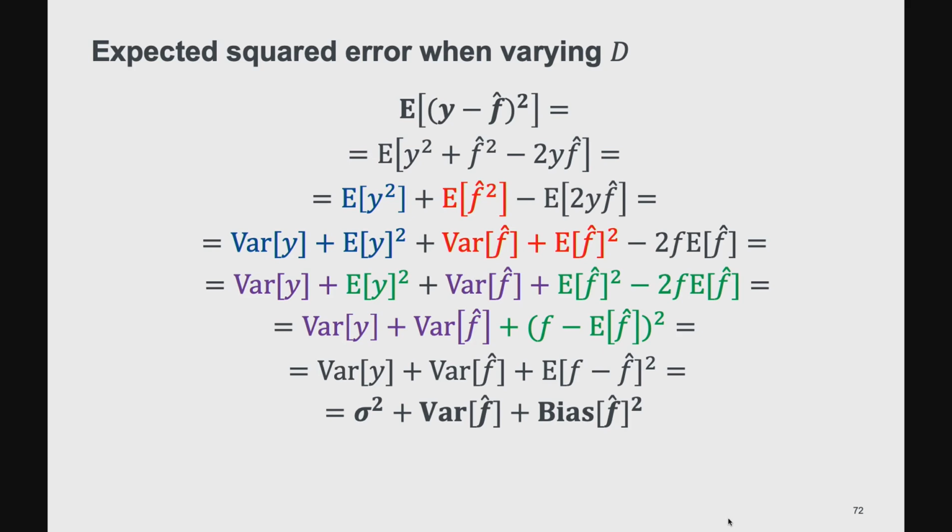One has to be aware that these f hats talk about all the different ways in which I train my function. They talk about all different data samples, and every time I get a new data sample, I train my f hat, and they talk about how large the bias and the variance is.